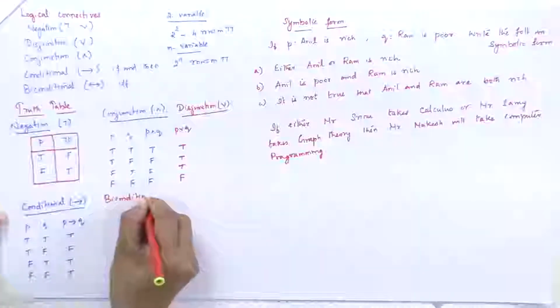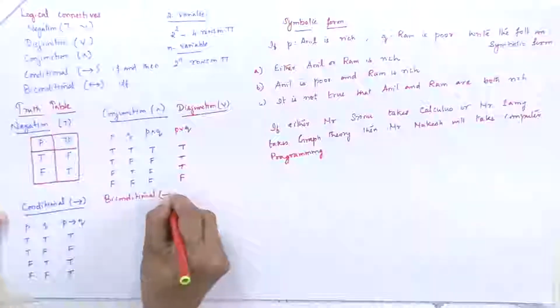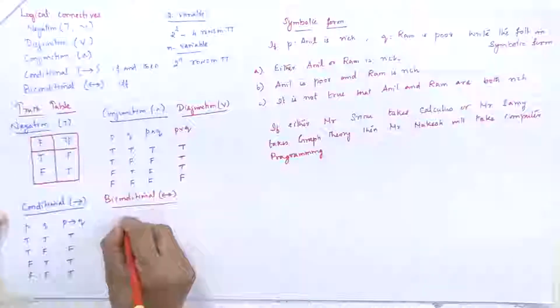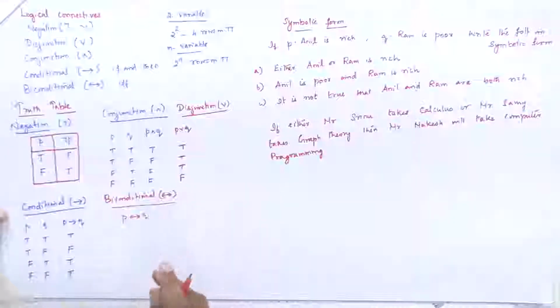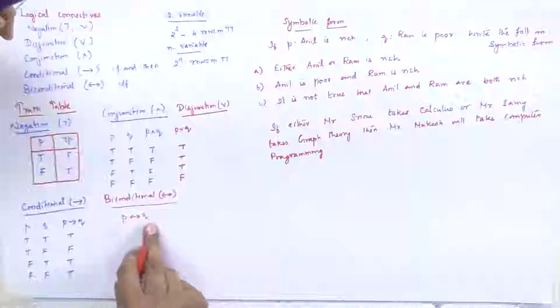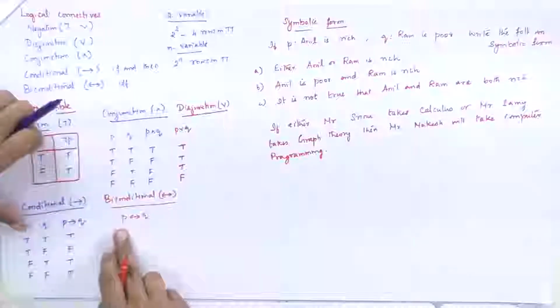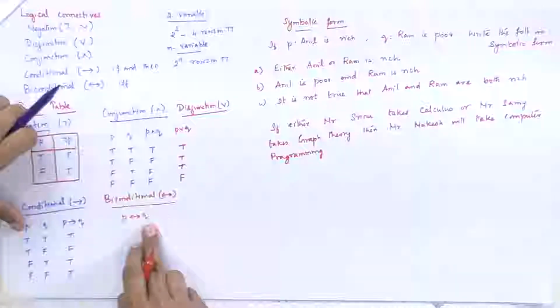And next we will see the biconditional connective, that is forward as well as backward. Here also this statement has two variables, so we have 4 rows in the truth table. Now let us see what the truth value of this statement will be.